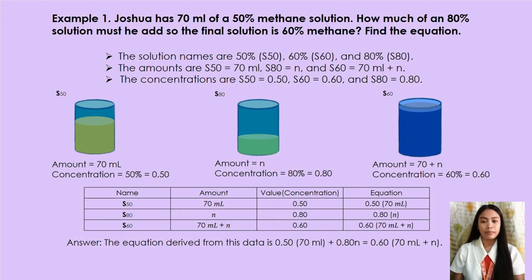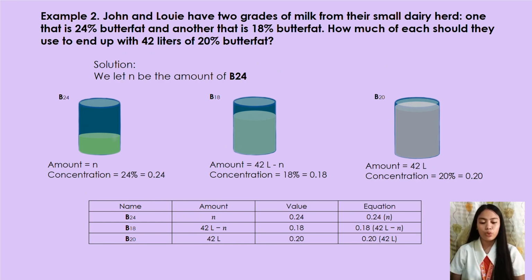So for example number 2, John and Louie have 2 grades of milk from their small dairy herd. One is 24% butterfat and another is 18% butterfat. How much of each should they use to end up with 42 liters of 20% butterfat? The names of the objects are butterfat 24 as B24, B18, and B20.